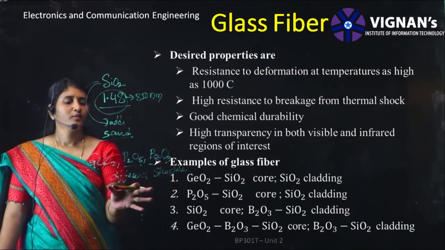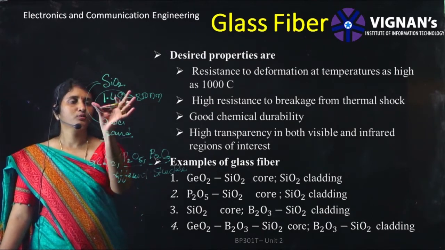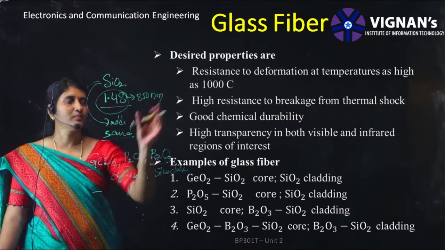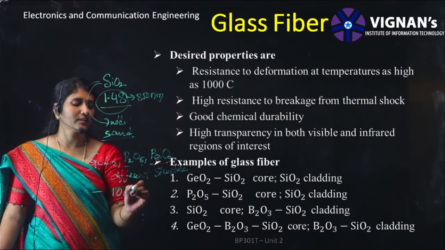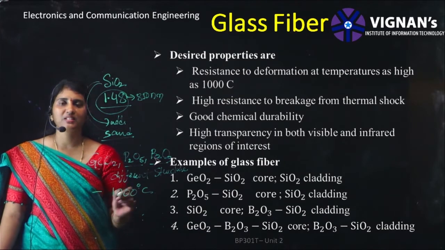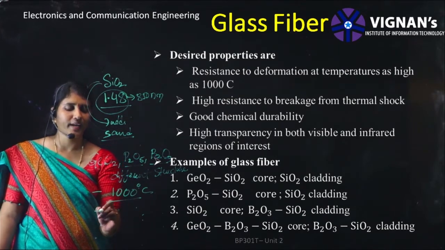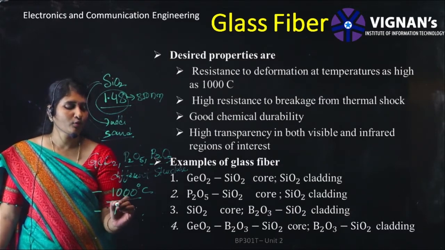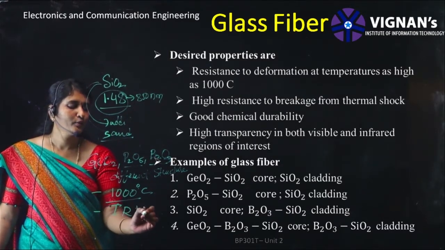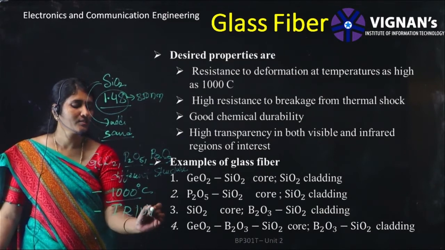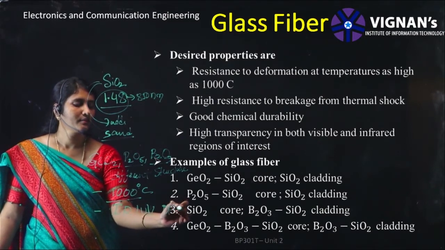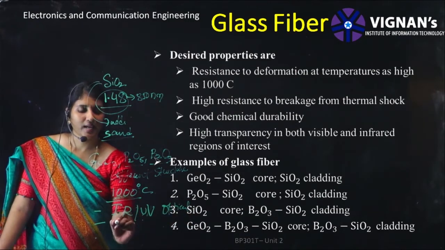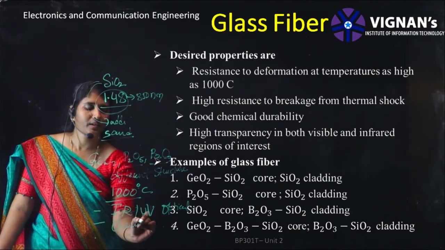So while combining these materials with the SiO2, we have to keep in mind certain things. It must be temperature compatible. Even at 1000 degrees Celsius, it must be able to operate. And this new material we are forming must be able to operate in IR and UV regions, that is optical wavelengths, and it must have very good chemical durability.